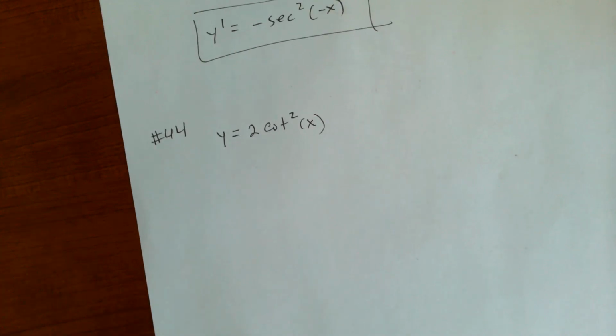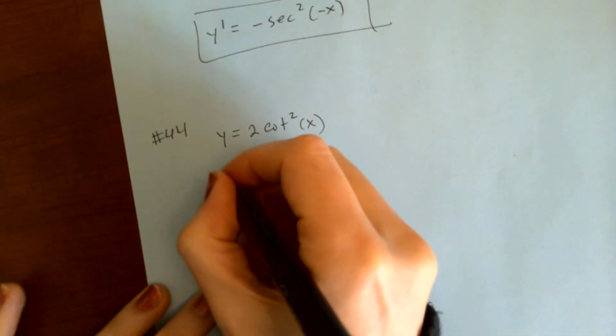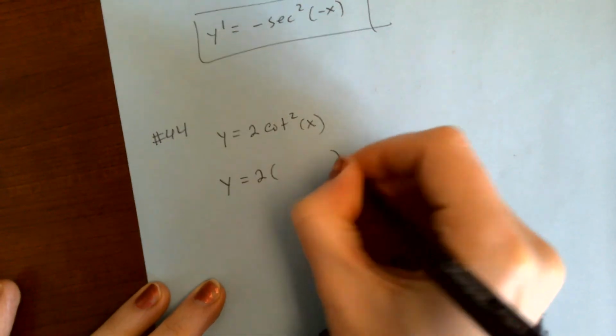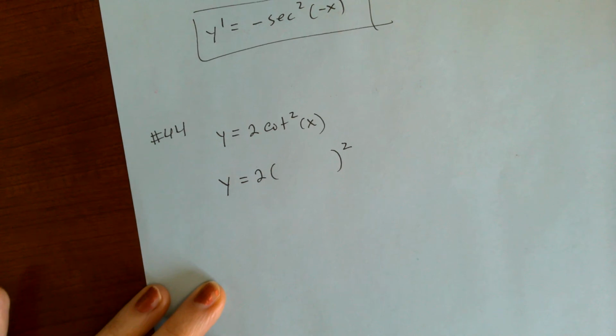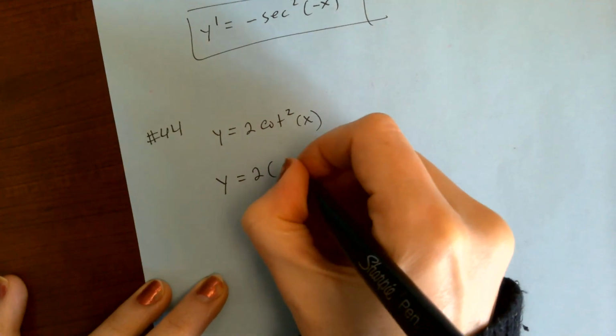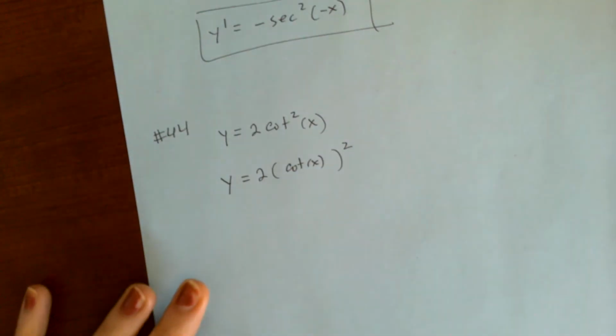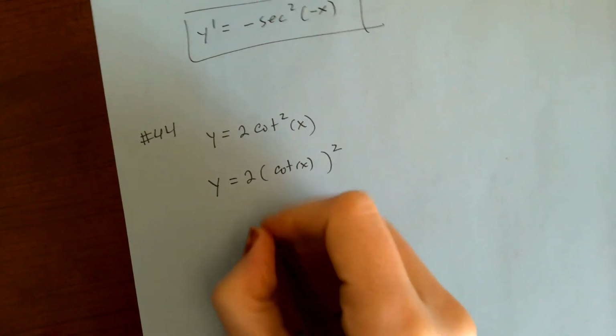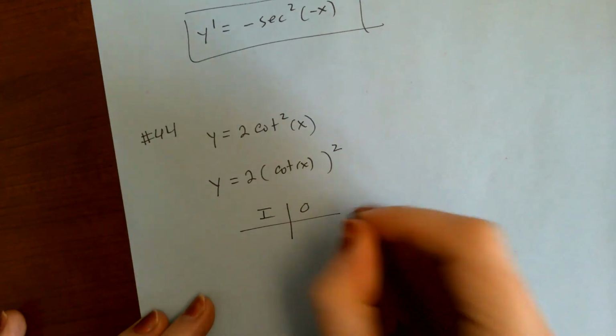Okay, here's the last one. y equals 2 times cotangent squared of x. Now we've practiced this before, guys. If you've got a trig function raised to a power, the very first thing you want to do is put that power outside of parentheses and then that trig function inside. Now you can see that the cotangent is actually inside of another function. It's inside of 2 blank to the second. So this is a chain rule situation.